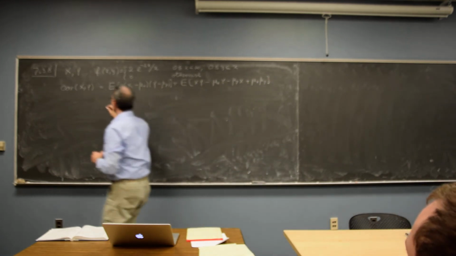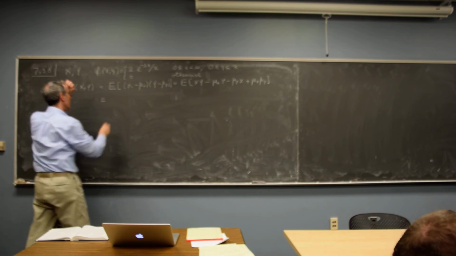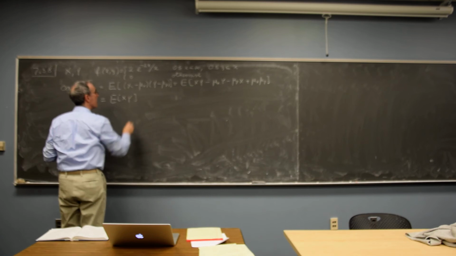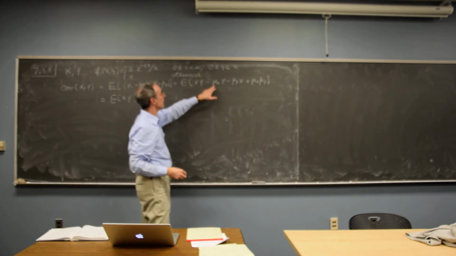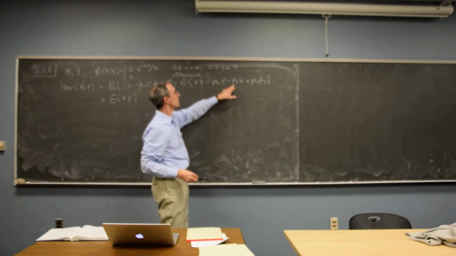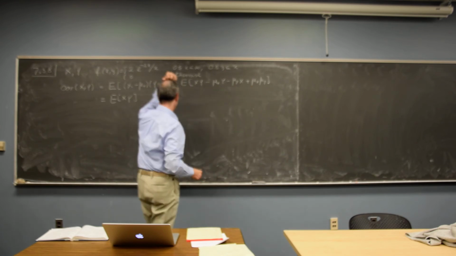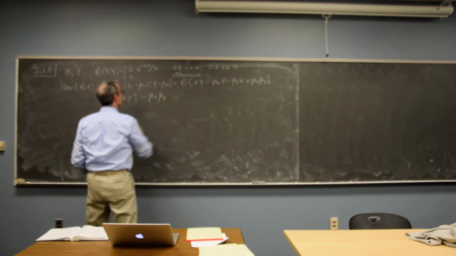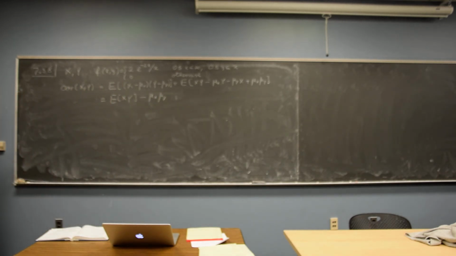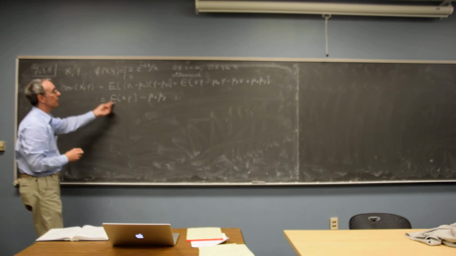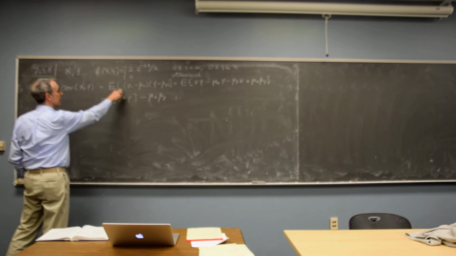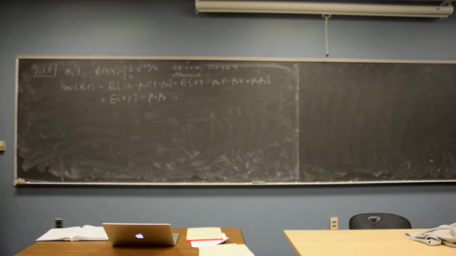Then this is equal to E of XY, and then you have minus mu_x mu_y minus mu_y mu_x plus mu_x mu_y, so minus mu_x mu_y. I'm not sure which one is better, but I guess this is a slightly simpler way to do it. So we use this expression rather than the definition to compute it.